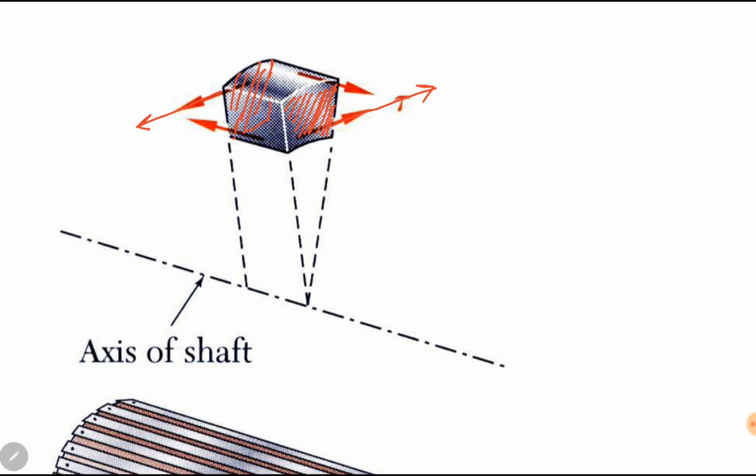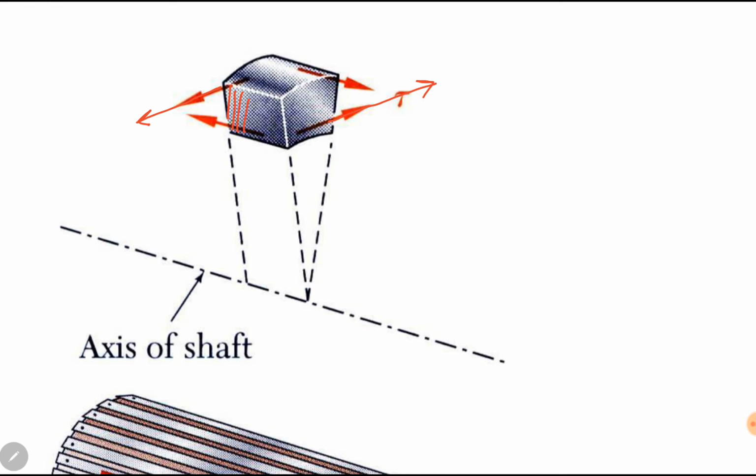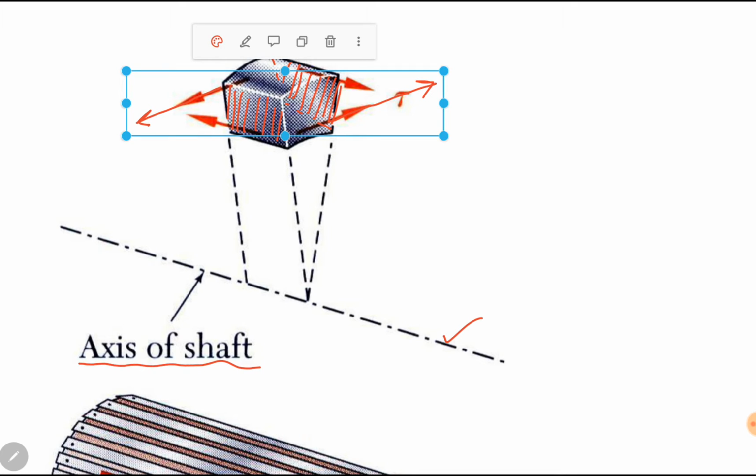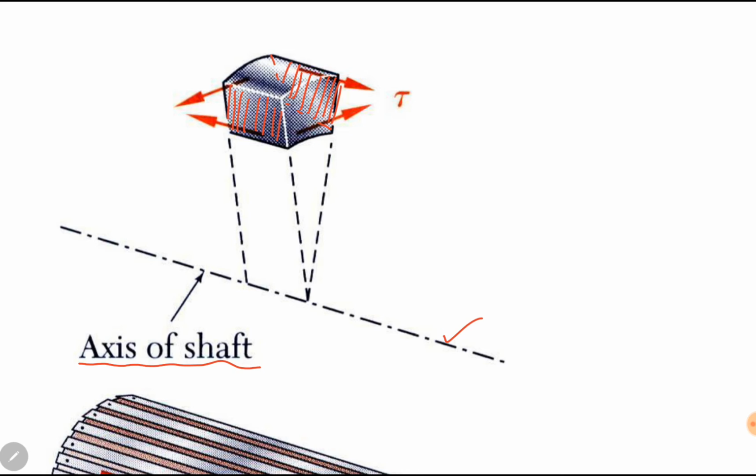This means there must exist a clockwise rotation of the same magnitude, which gives rise to another possibility: the other two surfaces which are parallel to the axis of the shaft are under shear load as well. This shear stress will be equal to the shear stress being applied on the other two surfaces.